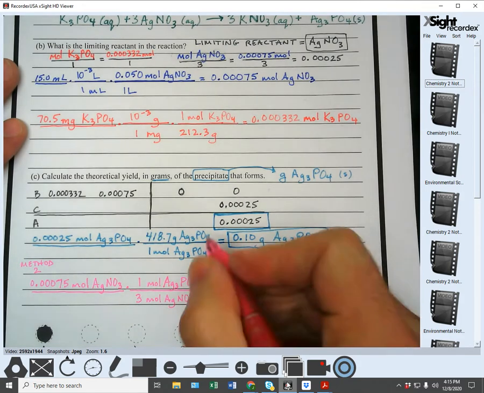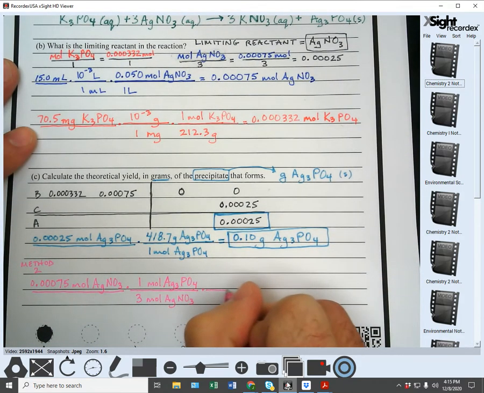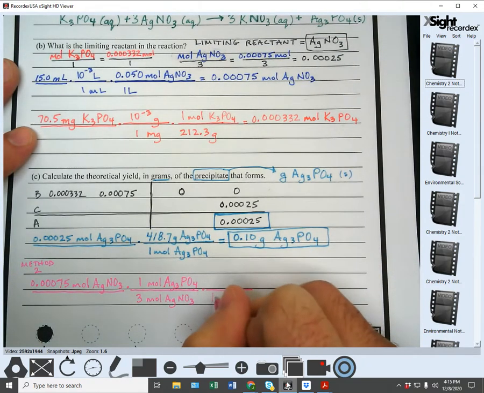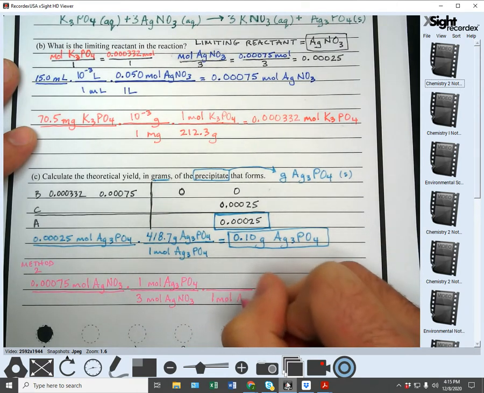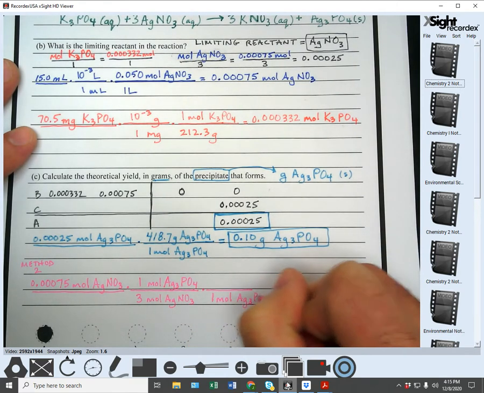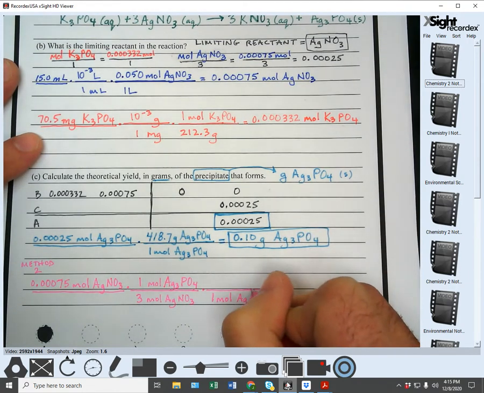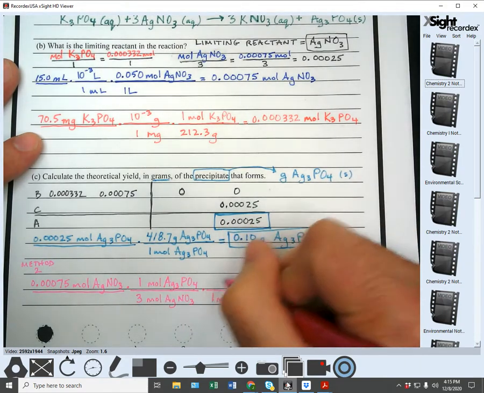Okay, then we want grams of the Ag3PO4, so we just go from moles of the Ag3PO4 to grams. So this is the 418.